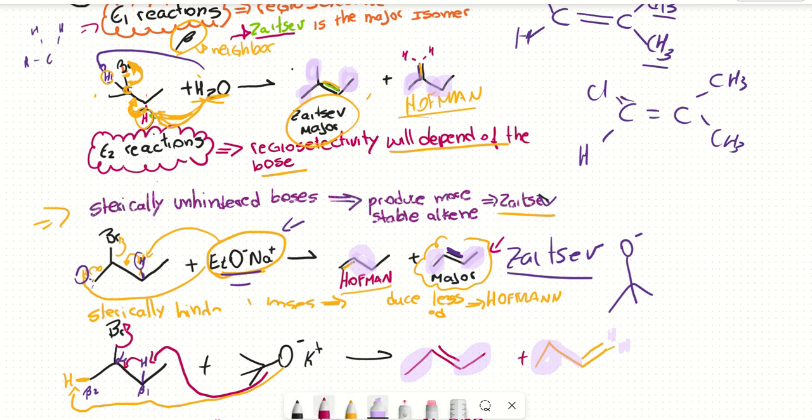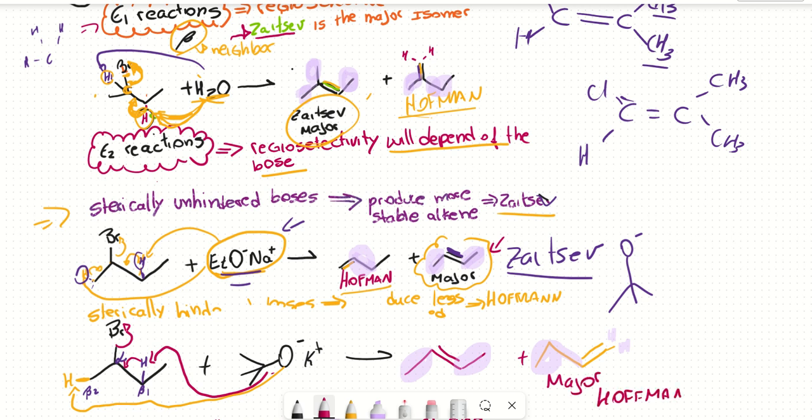So in this case, the favorite place to attack, and what this base will attack easily, is the least substituted. So the major product will be Hofmann.